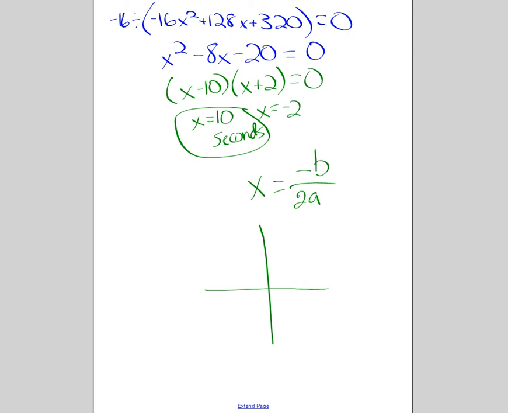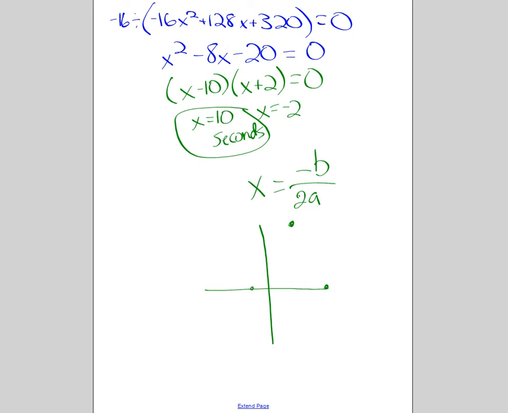What was the max height? Okay, so here's our highest point, 576 at 4 seconds. And we know it hits the ground at 10 and -2.